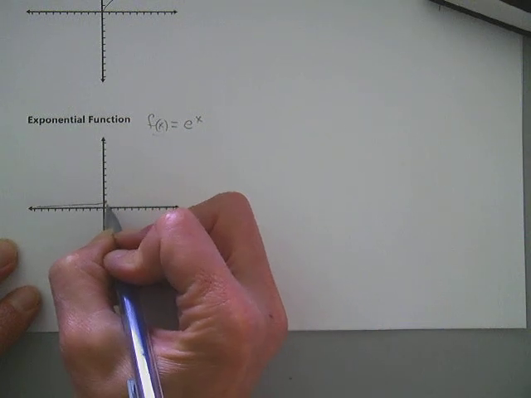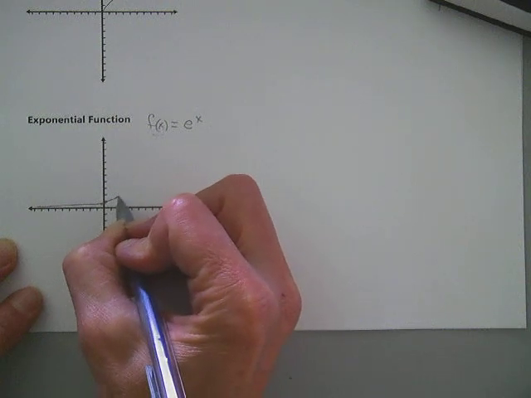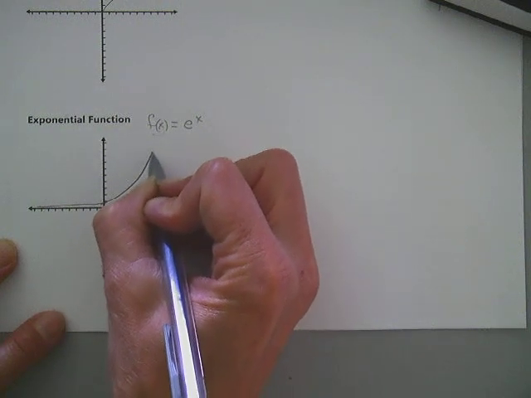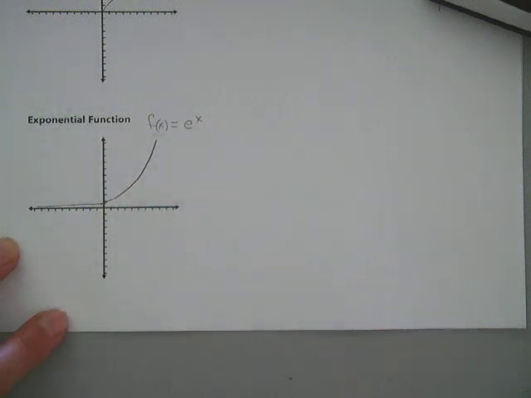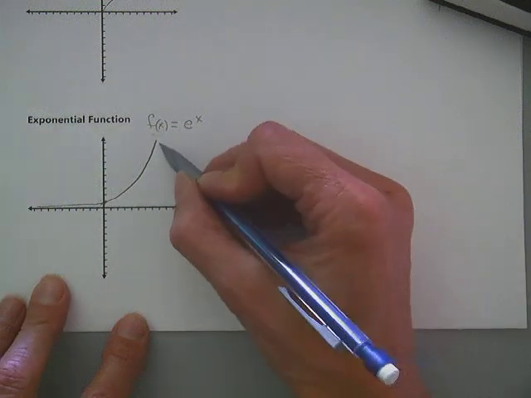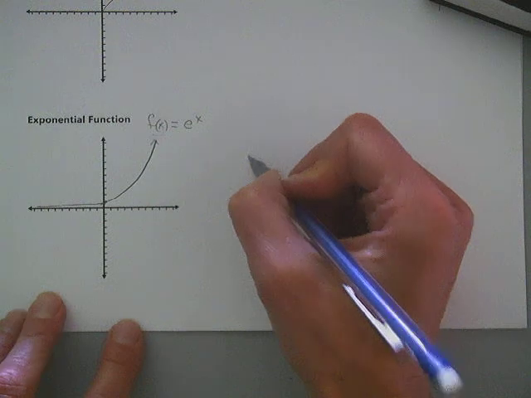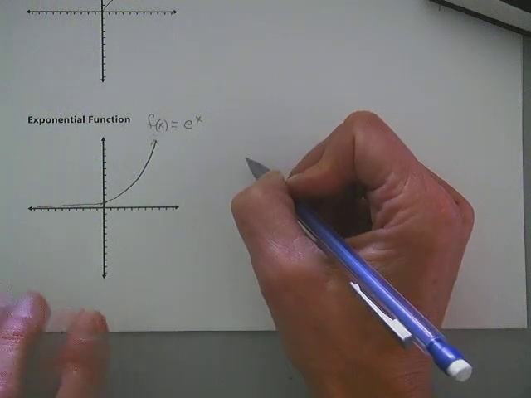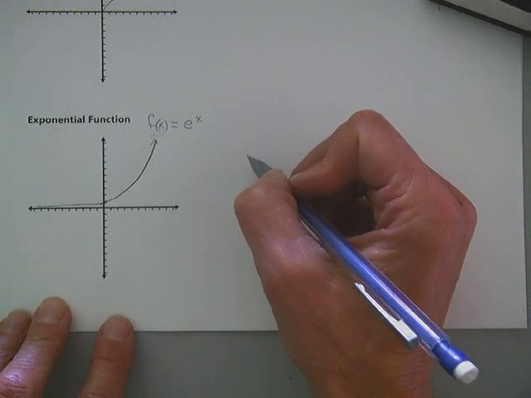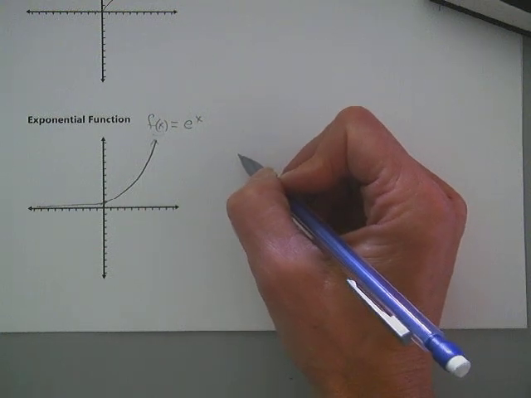Now, the e to the x function starts off really slow. It goes through 1 right here. Always. Yep, it always goes through 1, and then it grows and grows, and then it grows really fast. A good example of that, if you remember this from Algebra 2: you have a choice.